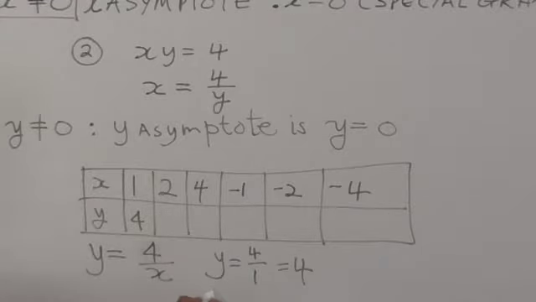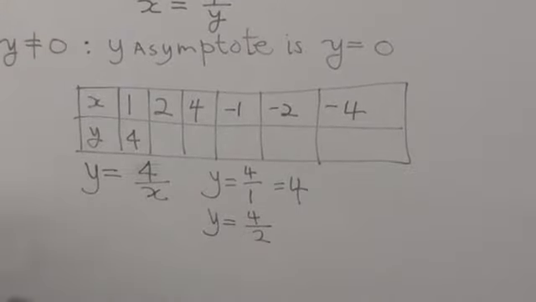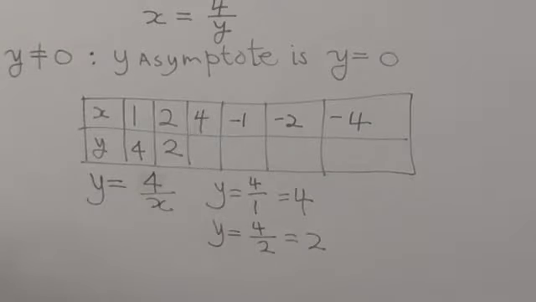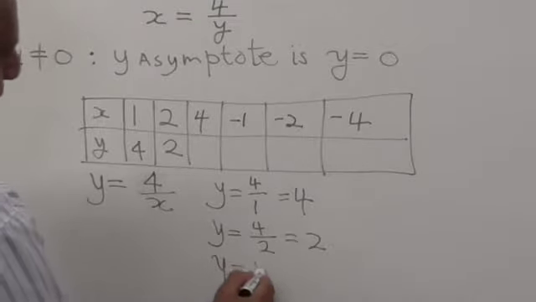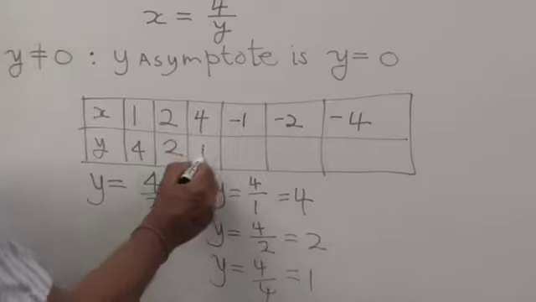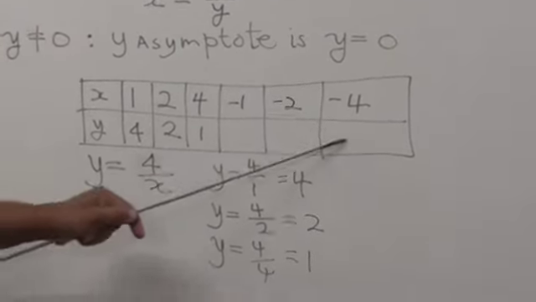Then you take 2. Y is equal to 4 over 2. And that will give you the answer 2. So you write down 2. Then you will take 4. Y is equal to 4 divided by 4. The answer is 1. So we got 3 ordered pairs so far. Now we're going to find the next 3.